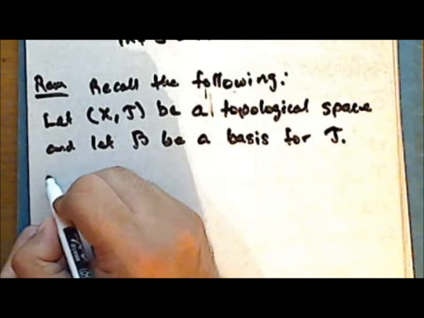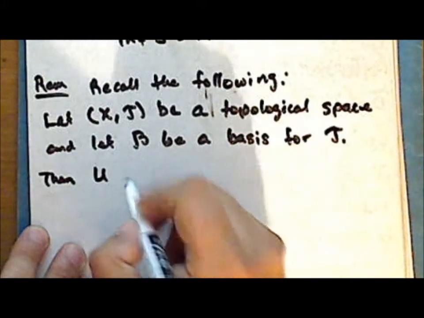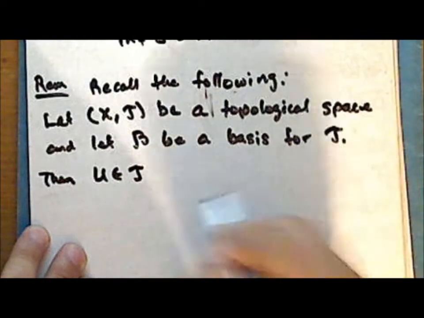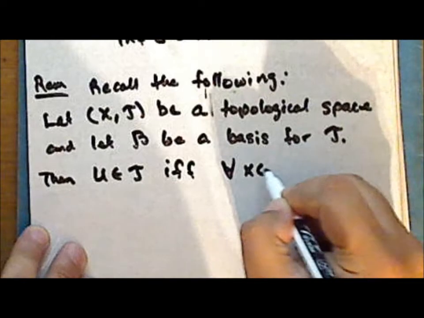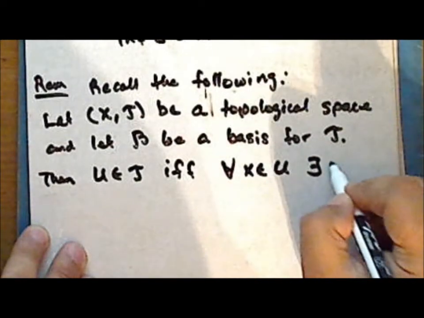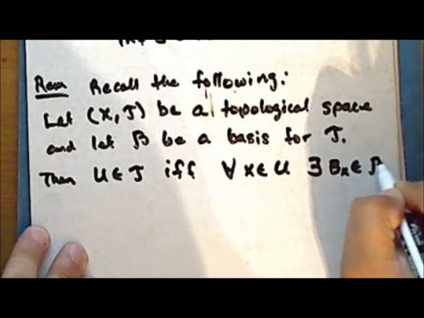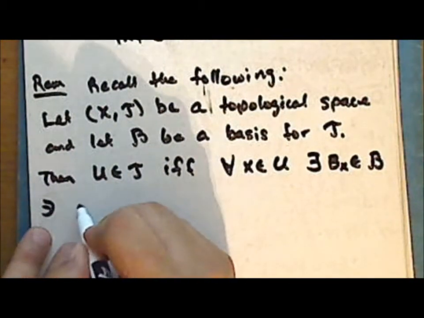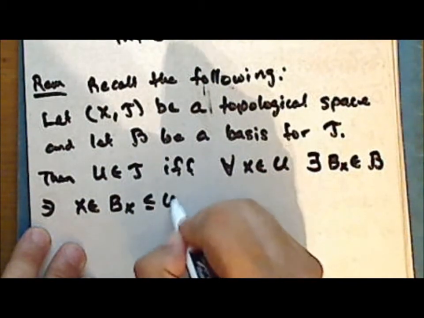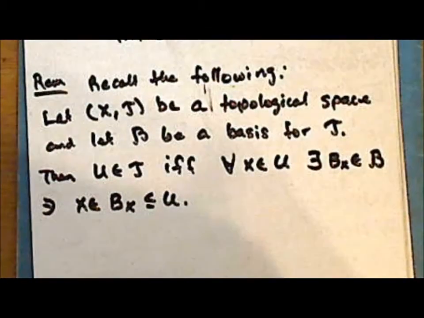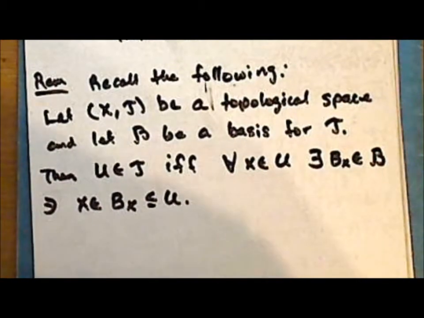Then a given set U is open, or in the topology, if and only if, for every element X in the set U, there exists an element in the basis such that that element X is in this basis element, which is itself a subset of the set U. So again, a set is open if and only if for every element in that set there exists a basis element containing it, which is a subset of the given set U.